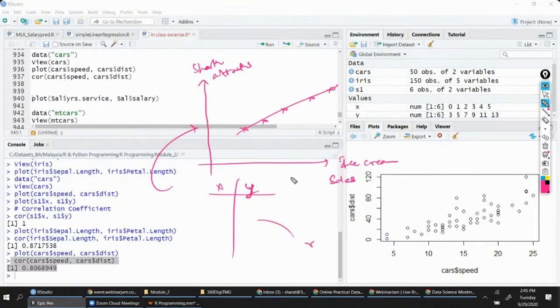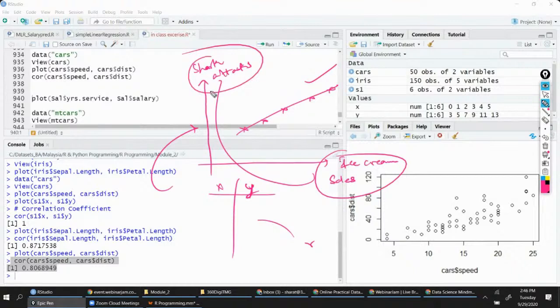From the statistical or mathematical perspective, these two are calculating or explaining the correlation. But it doesn't mean that you will have a perfect cause and effect relationship between these two. No. So this is something that you have to remember.